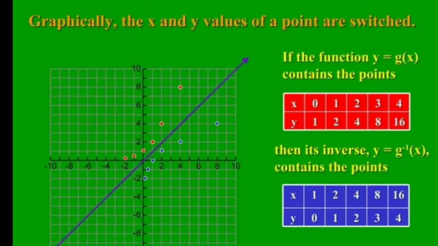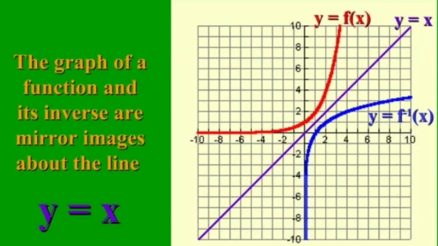If the function y equals g(x) contains the point, then the inverse, y equals g to the power of -1 of x, contains the switched point. The graph of a function and its inverse are mirror images about the line y equals x.